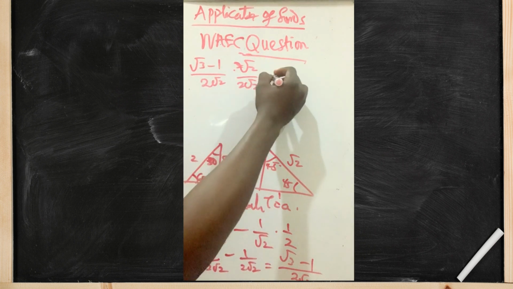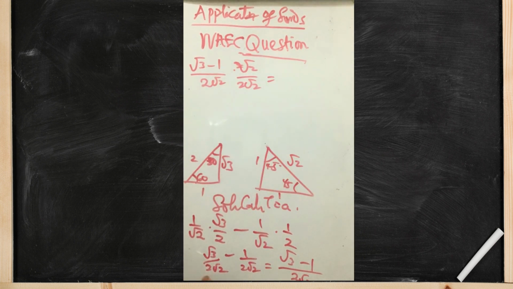Then you rationalize this by multiplying by root 2 over root 2. Alternatively, you can separately multiply numerator and denominator by root 2 individually before moving ahead.